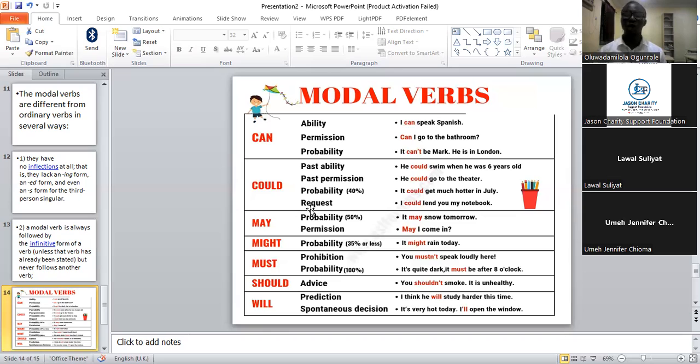If you want to go into a room, you can say, may I come in? Or you can say, can I come in? So you can use both verbs interchangeably. Now, the past tense of may is might. You use may in the present tense and might in the past tense. So for may you use it for probability, and might too is used for probability.